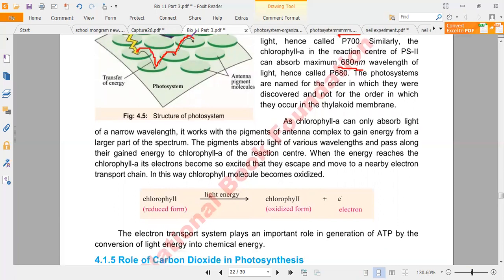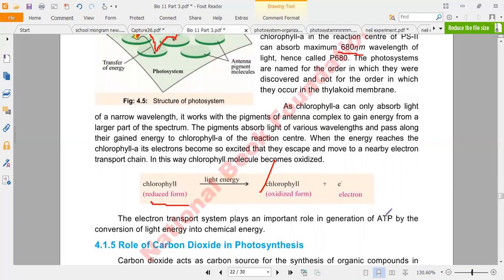In this way, the chlorophyll, which was before in reduced form, by taking light energy changes into oxidized form, because an electron is removed from it.